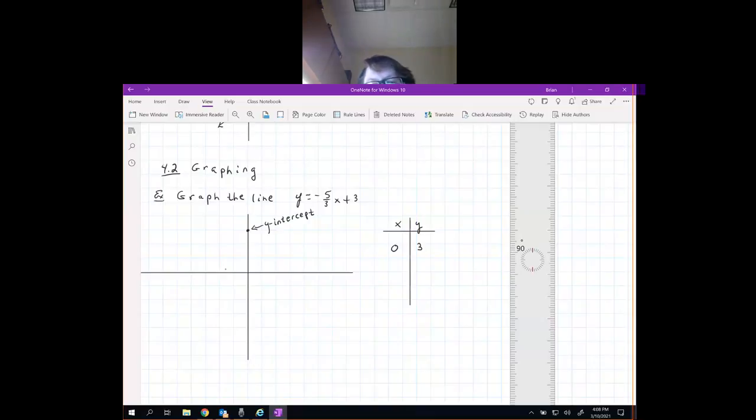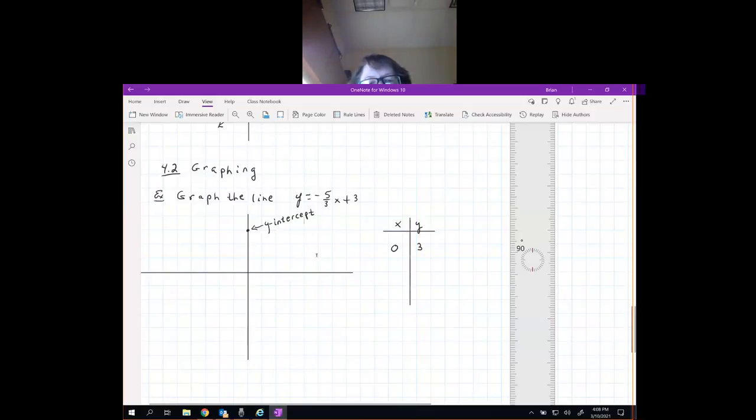Now, by looking at this equation up here, notice when you're graphing things, you can only graph points if they hit a nice corner, where two lines on the graph intersect each other. That's the only place where the points should be if you want them to graph.